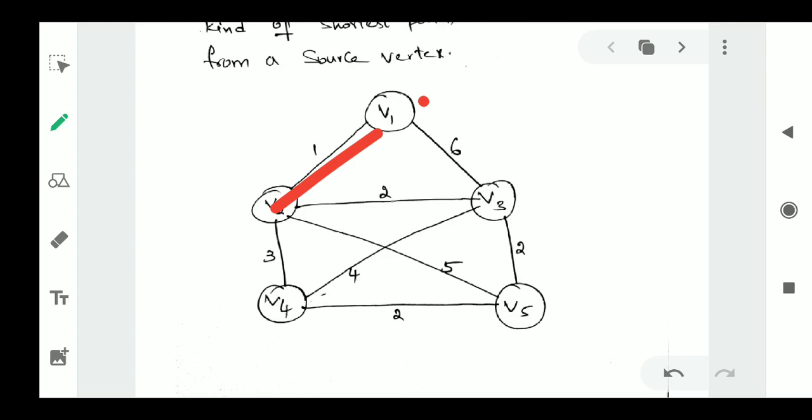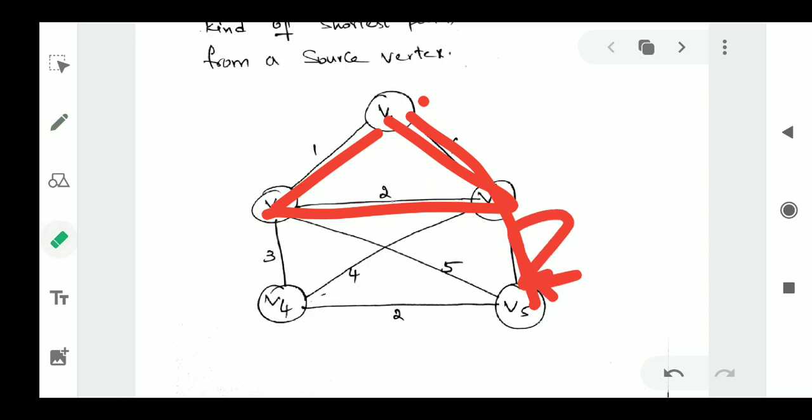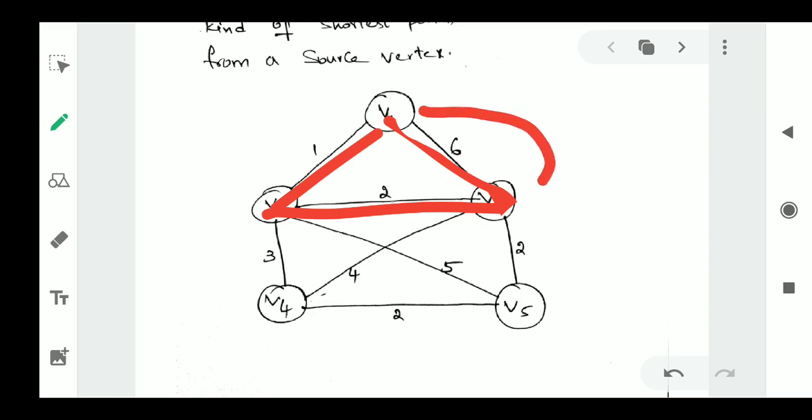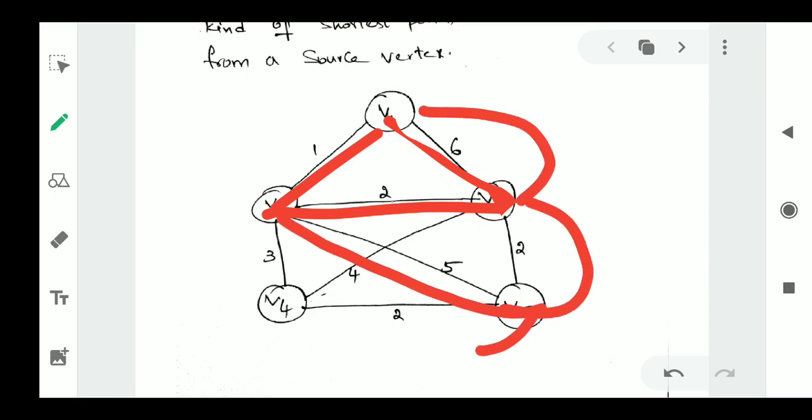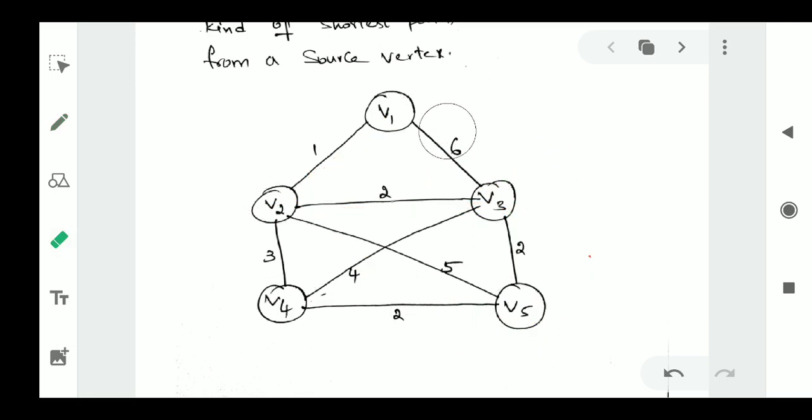From V1 we can come to V3 and we can reach V2. Or from V1 to V3, after that we can come to V5, and from V5 directly we can reach V2. So there will be many paths from V1 to V2, but we have to find out the minimum, shortest path from a particular source vertex to the remaining vertices. So this is how we are going to find out.